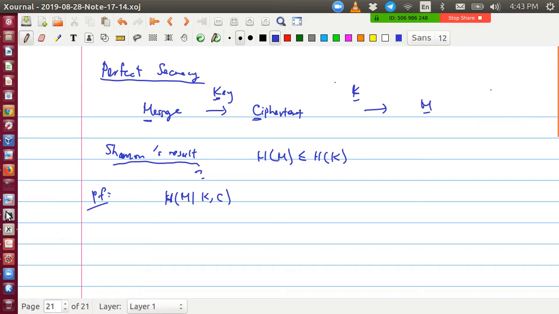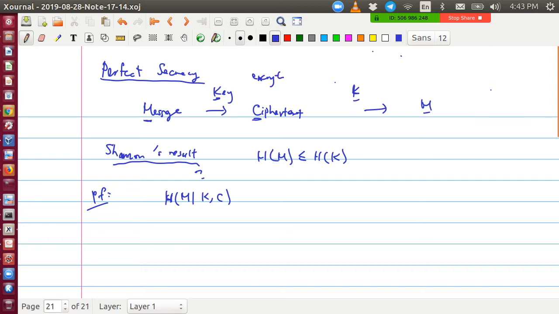The ciphertext is basically the encrypted message. So you have the key. We are considering a symmetric setup.